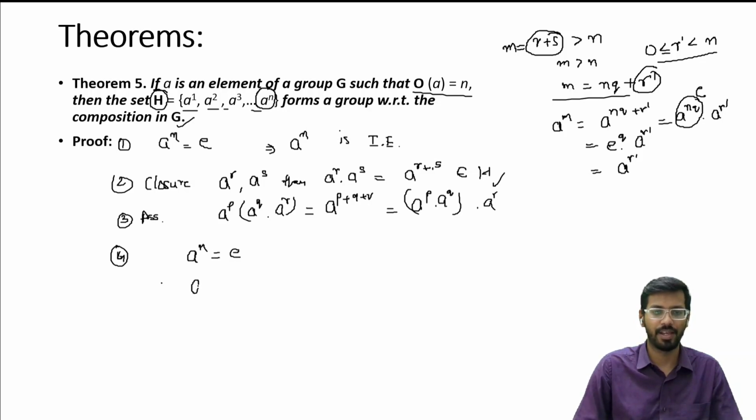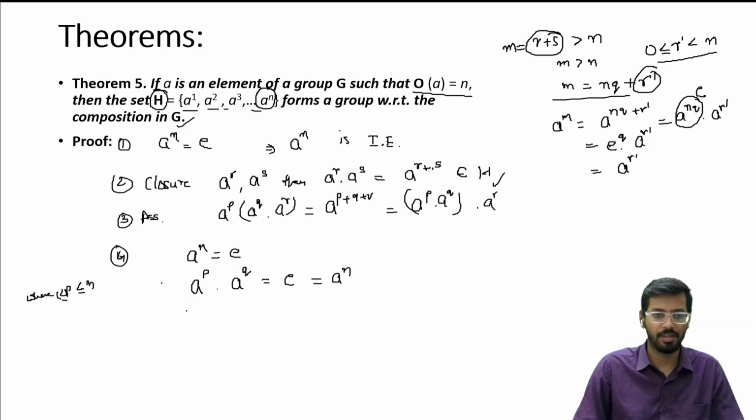So if we take any element a raised to p, where p is between 1 and n, because in this set the given powers are between 1 and n, then a raised to power p dot a raised to power q should be equal to the identity element, which here is a raised to power n.